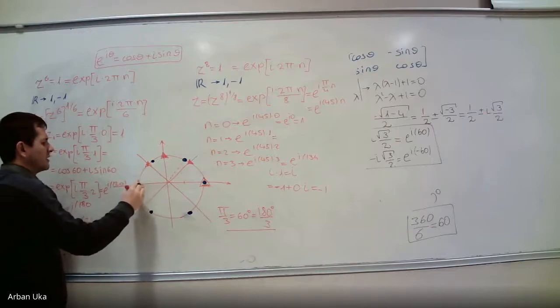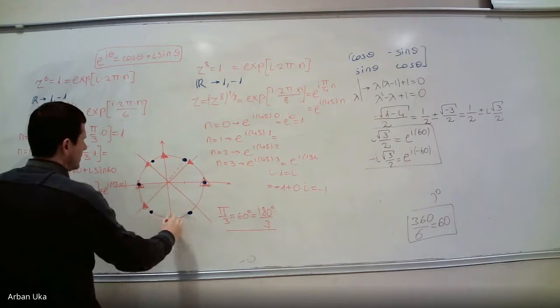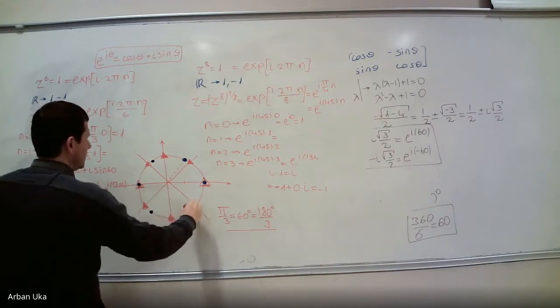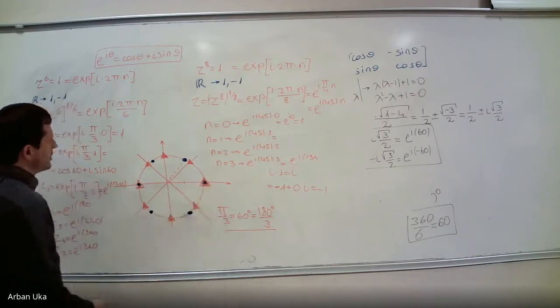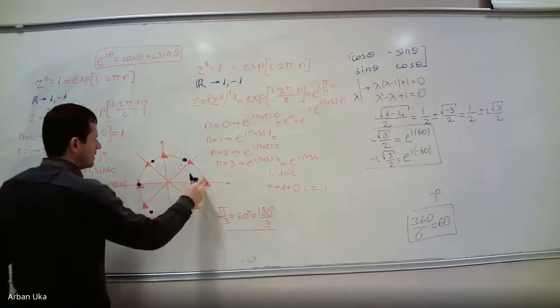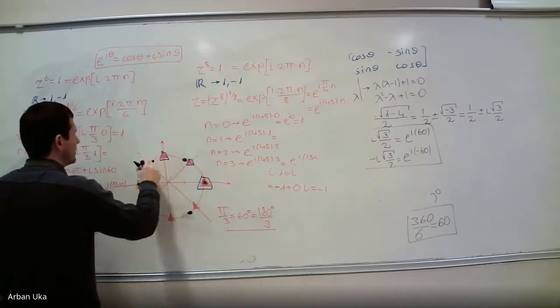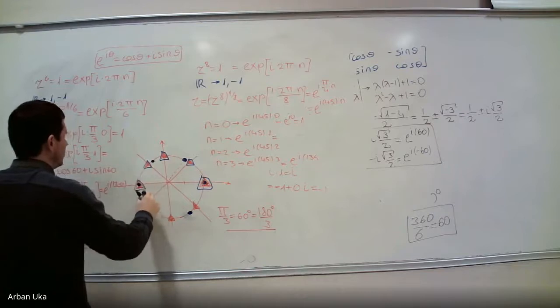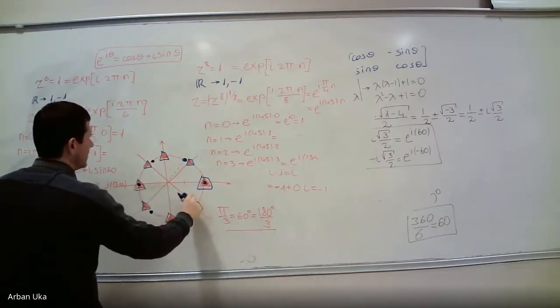So here is another root, here another root, here another root, and finally we get this. So how many roots did we find which are shown in red? We get 8. That's 1, 2, 3, 4, 5, 6, 7, and 8.